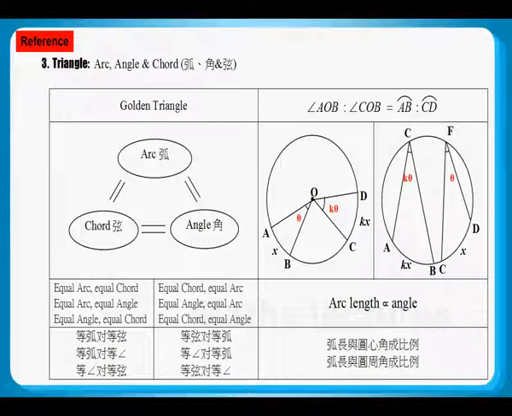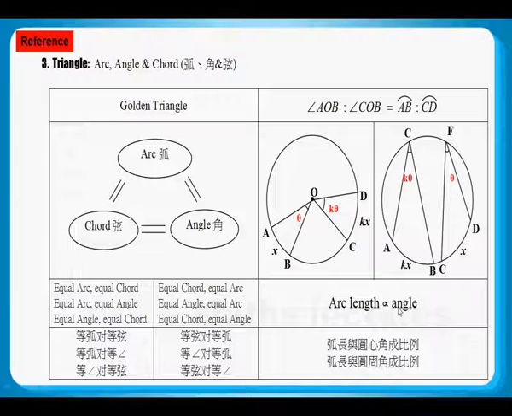Okay, 3 lines, of course, we have a triangle, and we have a golden triangle relationship between arc, chord, angle. Here I would like to remind you that chord is proportional to nothing. Only arc and angle are proportional.